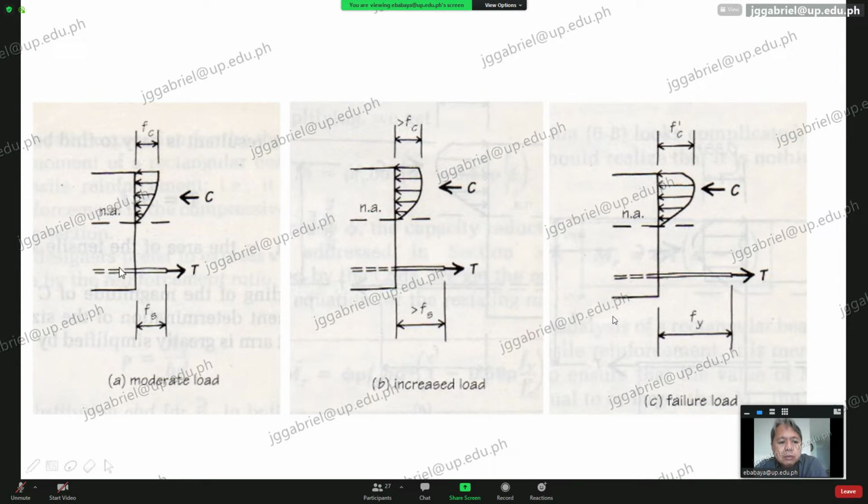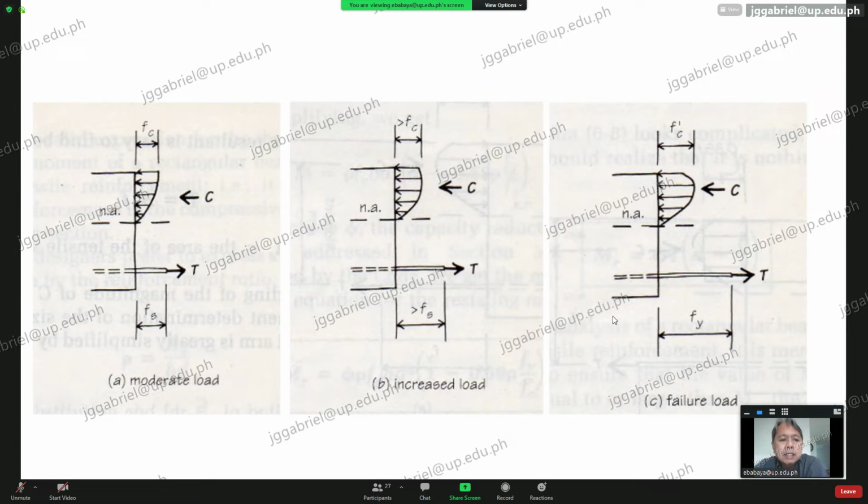Ito yung steel bars, mga rebars ito. They're due to tension. And then the concrete part at the upper portion of the neutral axis is the compression. Ito yung ating stresses, compression niya.